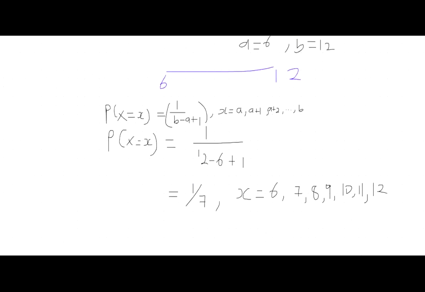All right, so we go to the continuous uniform distribution. A continuous random variable is similar to the discrete version of it, except for the fact that A and B may not necessarily be integers.